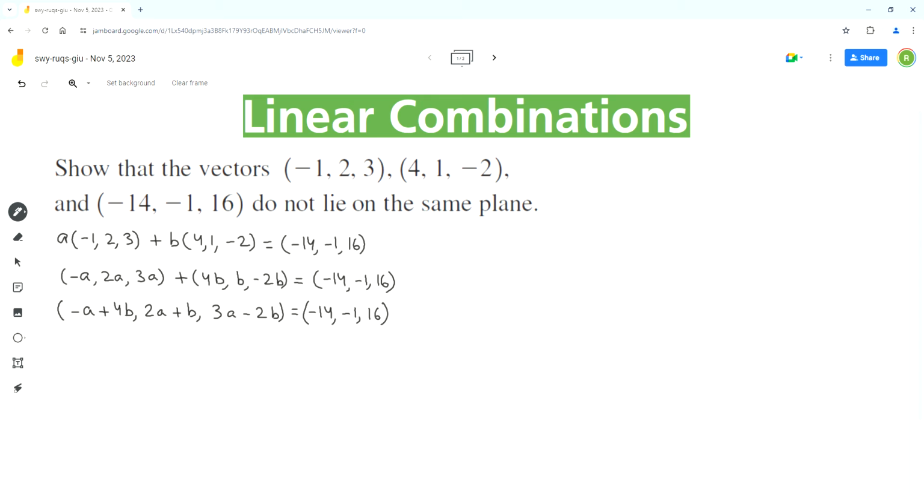Now these two vectors will be equal to each other if their x, y, and z components are equal to each other. So we'll make their components equal to each other, and that will give us three equations for a and b.